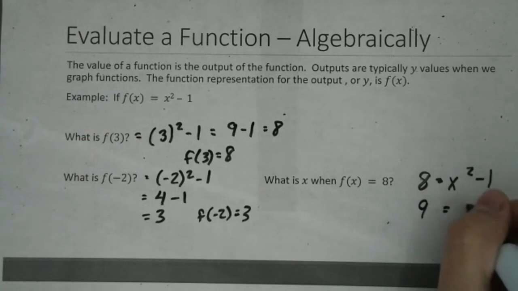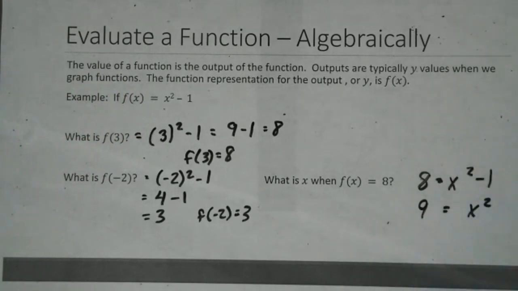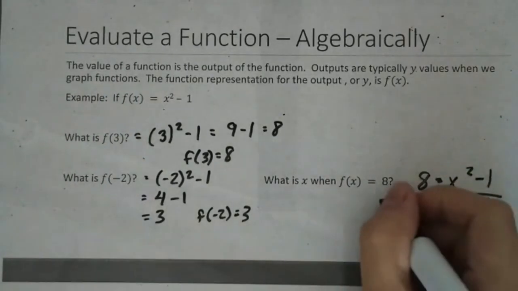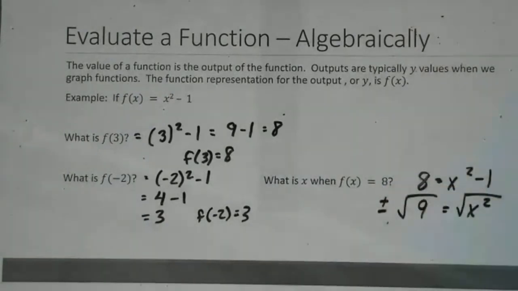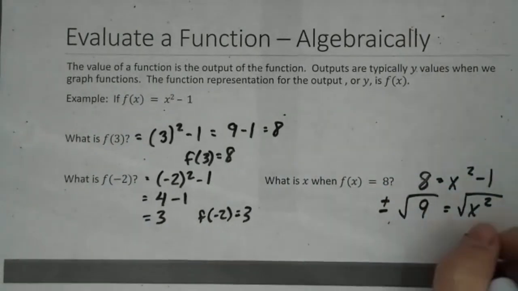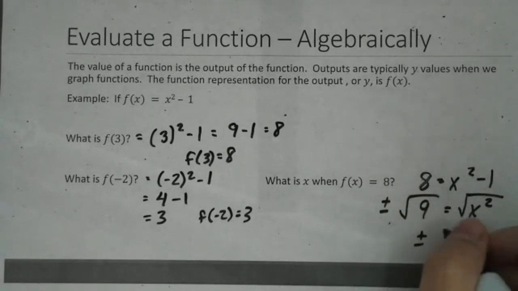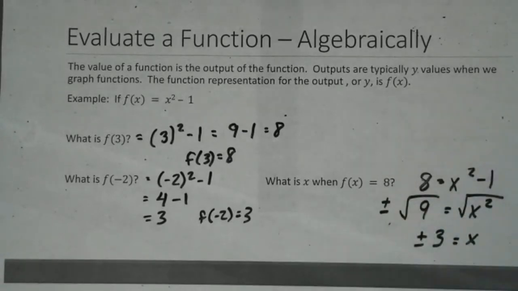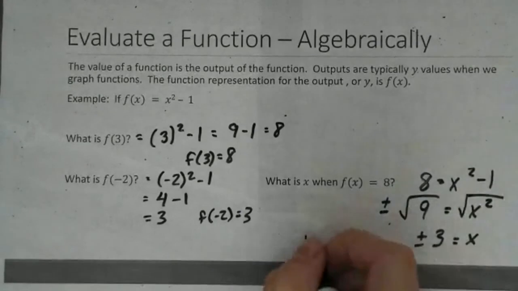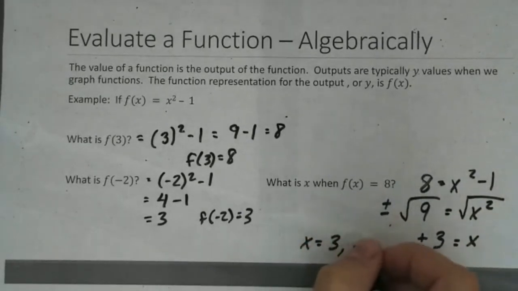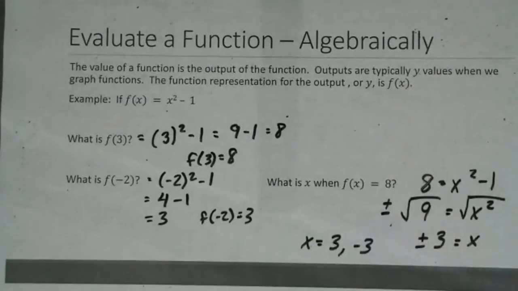We'll have 9 equals x squared. To get the x alone, I'm going to take the square root of both sides. But if you ever take the square root of both sides of an equation, put a plus or minus sign on the side without the variable. You will get x is equal to plus or minus the square root of 9. So x is equal to either a positive 3 or a negative 3.